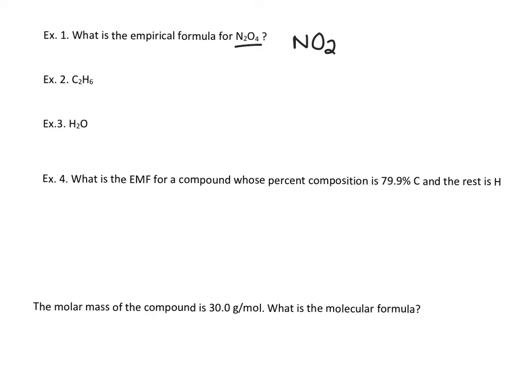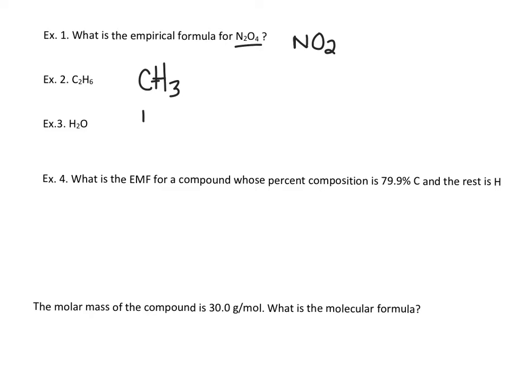C2H6. So both of these numbers can be divided by 2. So the empirical formula is CH3. Divide the 2 and the 6 by 2. H2O. Is there a number that can be divided into 2 and 1? Nope.